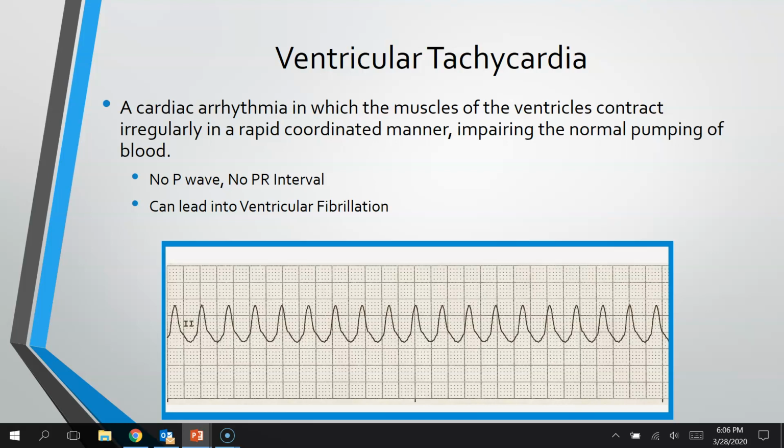But the problem is it impairs the normal pumping of the blood because we're not having any atria pumping into the ventricles. So the atria are just sitting there and the ventricles just pumping, pumping, pumping. Again, we don't have a P wave because it's just the ventricles that are contracting. And the problem with VTach is it generally leads into VFib, which is not good.